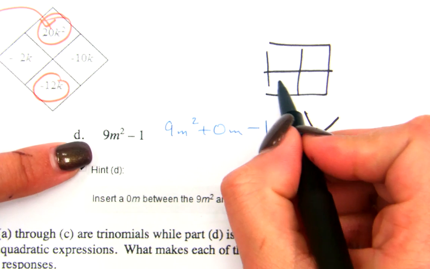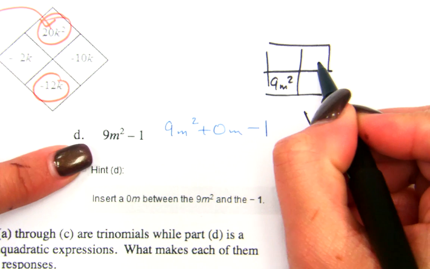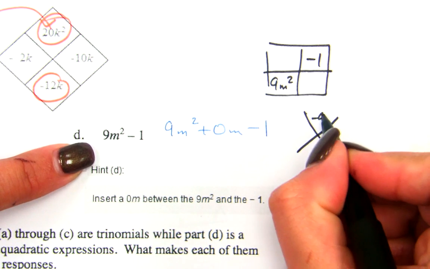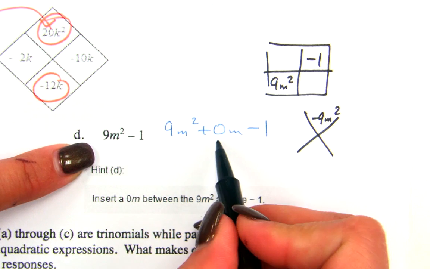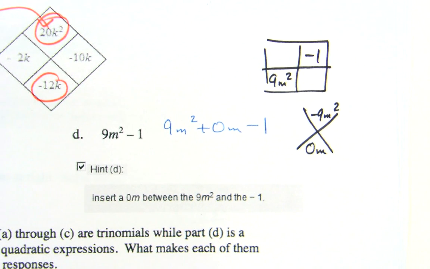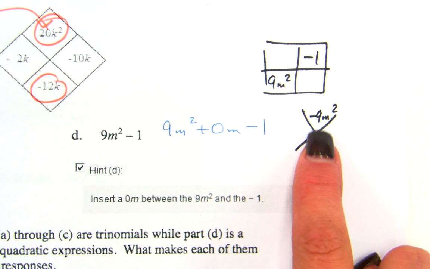And then you have 9m squared, you have negative 1, and multiplied together they give you negative 9m squared, and your middle term is 0m. So what two numbers, when you multiply them together, give you negative 9, but when you add them up together, you get 0?